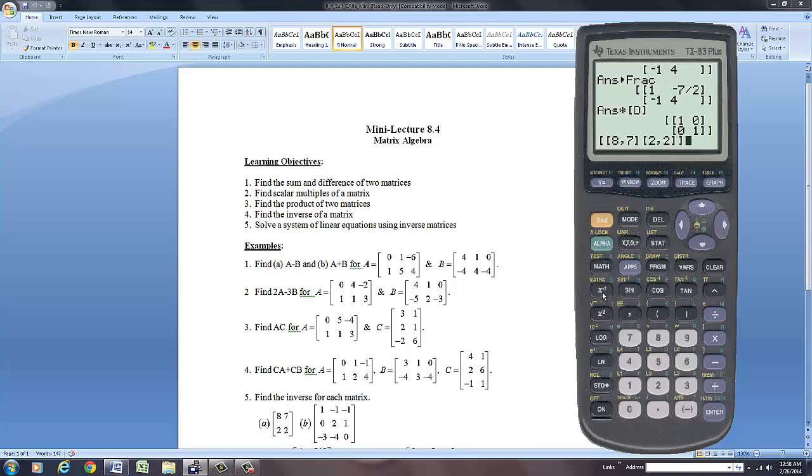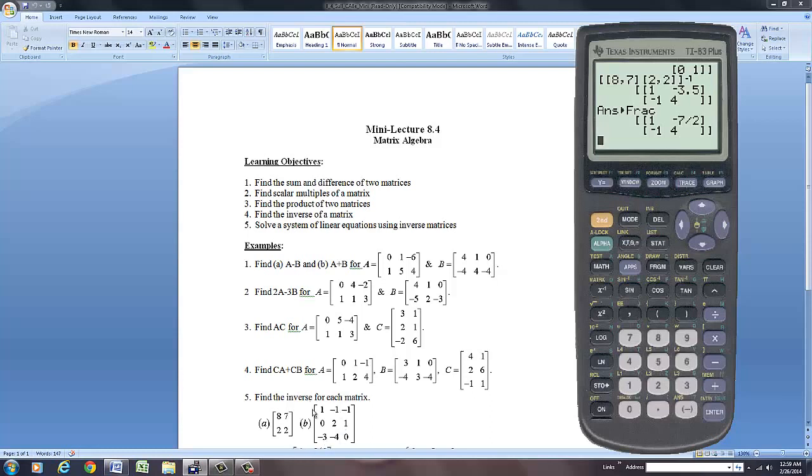And then I'm going to use the inverse, which is this little key right here. So hit this key here. It puts it right there. Hit enter. Okay, again, same answer, except again, the same thing I did last time. Put math, hit enter, enter again, and it gives me the inverse matrix.